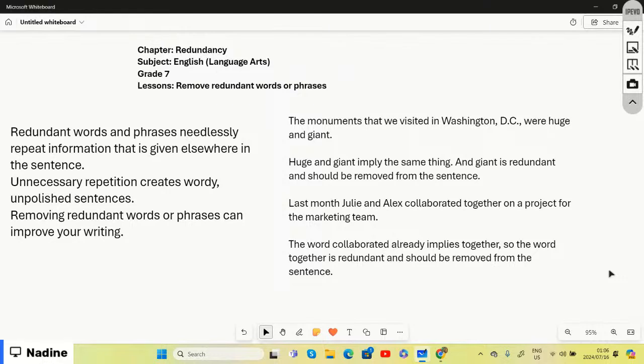All right, so when it comes to redundancy, redundant words and phrases needlessly repeat information that is given elsewhere in the sentence.